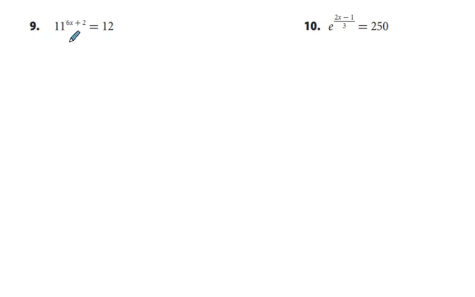Okay, problem 9. We have 11 to the power of 6x plus 2 equals 12. So I'm going to write this out. 11 to the power of 6x plus 2 is equal to 12.